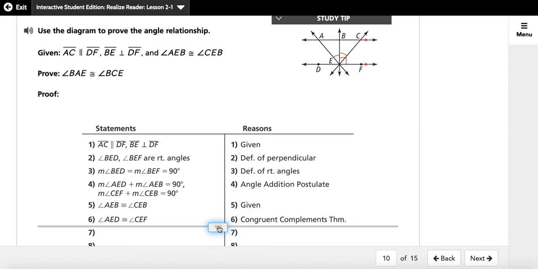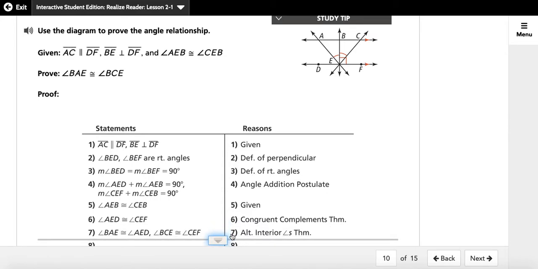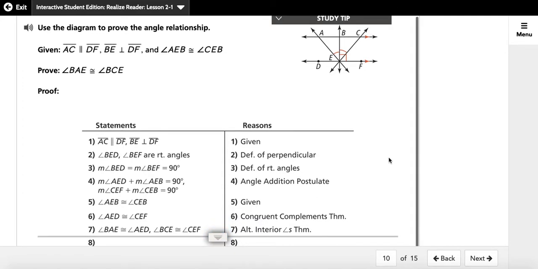Moving on, now that we know those two are the same, again, we were trying to prove in the end that this angle up here is congruent to this angle up here. Now that we have these two angles are the same, I'll do it in the same order they did it. They said BAE.